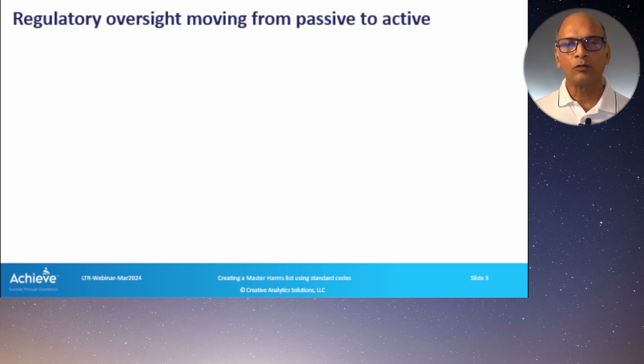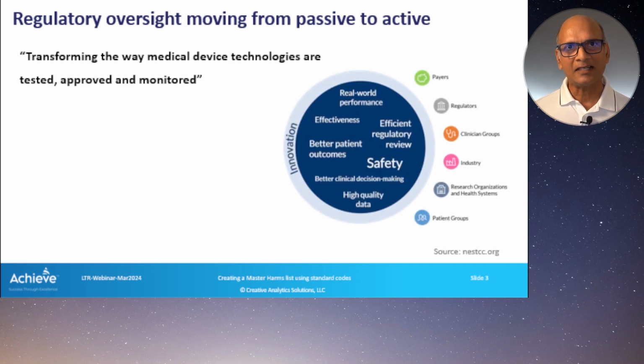What's happening in the US? Overall, the regulatory oversight is moving from passive to active. And what does that mean? Adverse events reporting is primarily a passive way of monitoring safety data, which is what we do today. But increasingly, regulatory authorities, especially the FDA, are moving towards more active surveillance. And for that, their vision is to transform the way medical device technologies are tested, approved, and monitored.